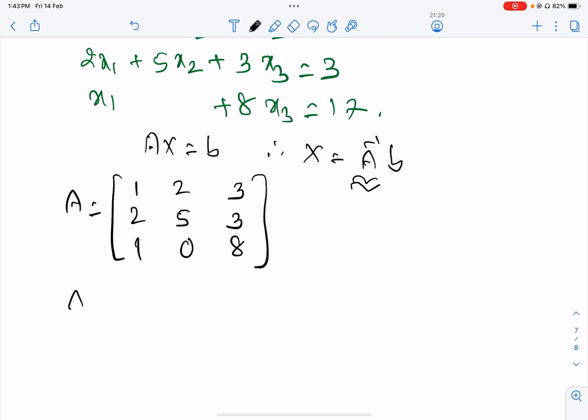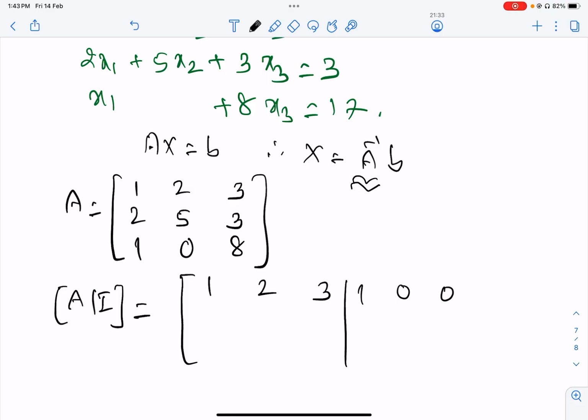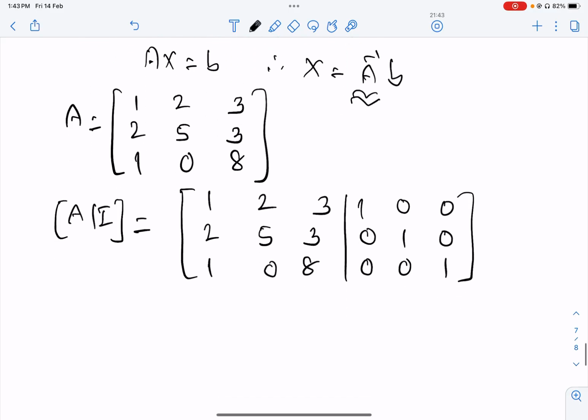So we know the method now. Let us begin with A, adjoined with the identity matrix. 1, 2, 3, 1, 0, 0, 2, 5, 3, 0, 1, 0, 1, 0, 8, 0, 0, 1.